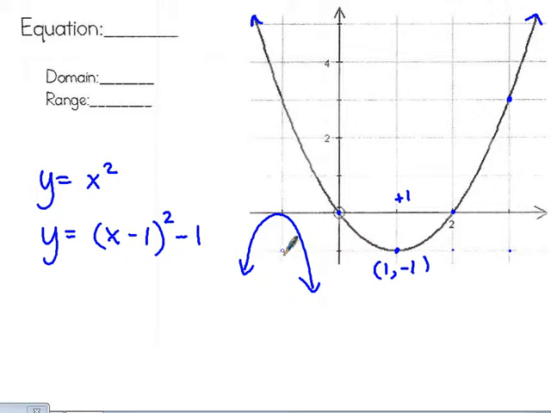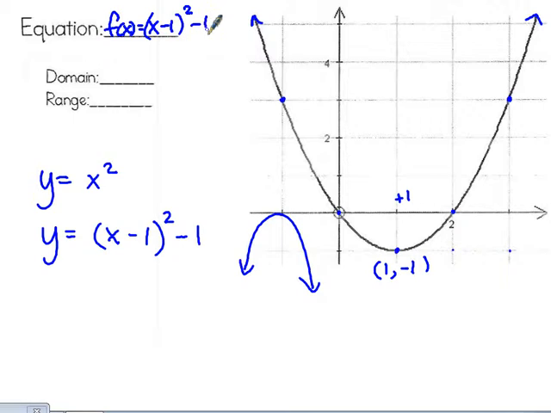Over back to negative 2 squared is 4, 1, 2, 3, 4. So we still have the same dimensions. There isn't any stretch. So this would be our equation: f of x equals (x minus 1) in parentheses squared minus 1.